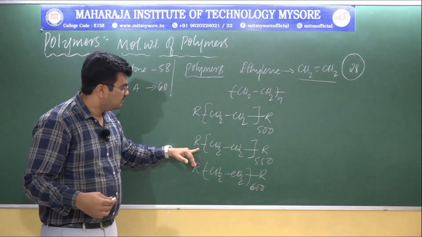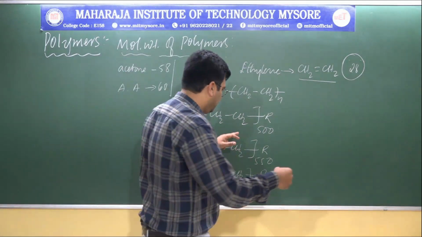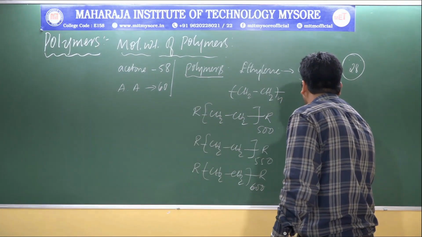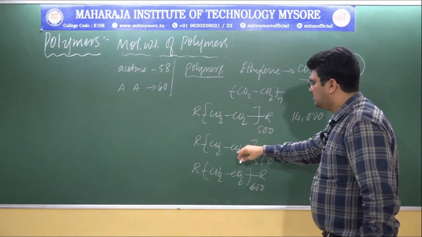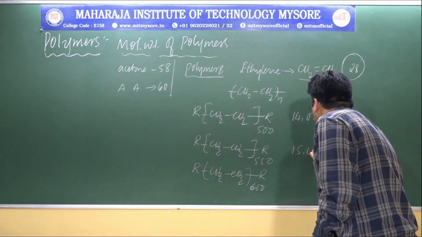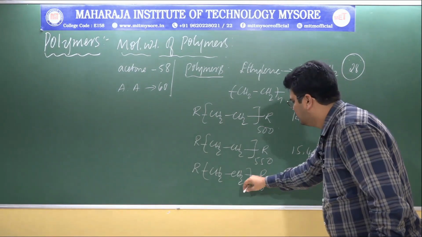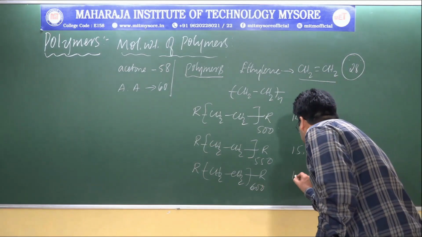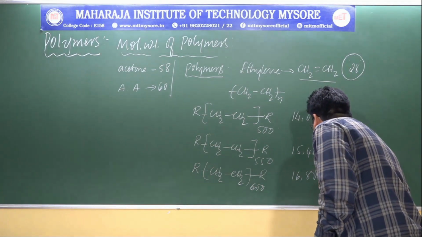If you look at the molecular weight of this polymer chain, the molecular weight is 14,000. The molecular weight of this polymer chain is 15,400, and if you calculate the molecular weight using this degree of polymerization, it is 16,800.